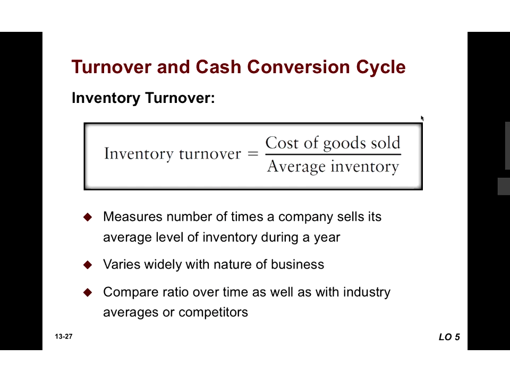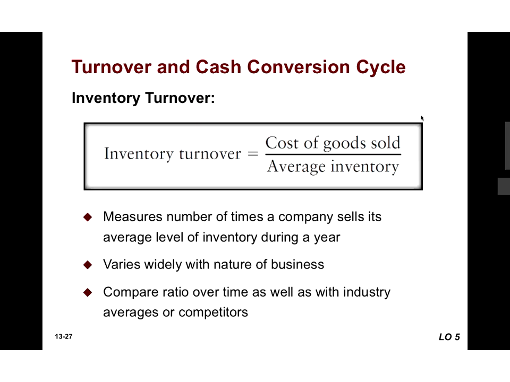It also varies widely by industry. If you operate a custom jewelry store, your inventory turnover is going to be fairly low. But if you operate a grocery store, your inventory turnover ratio has to be really high because your food would go stale or spoil if you're not selling it quickly. So it depends on the industry.